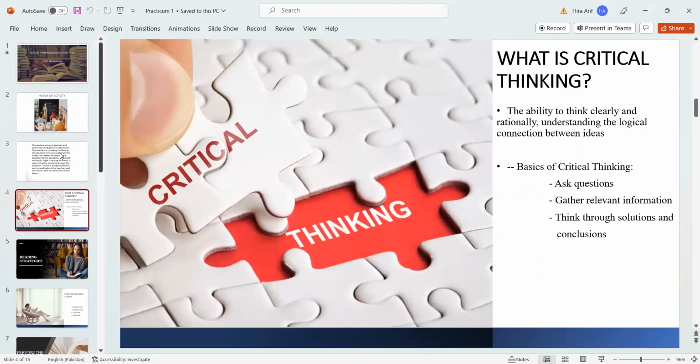So what is critical thinking? It's the ability to think clearly and rationally, understanding the logical connection between ideas. What are the basics of critical thinking? When you think critically, you ask questions, you gather relevant information, you think about solutions and conclusions.